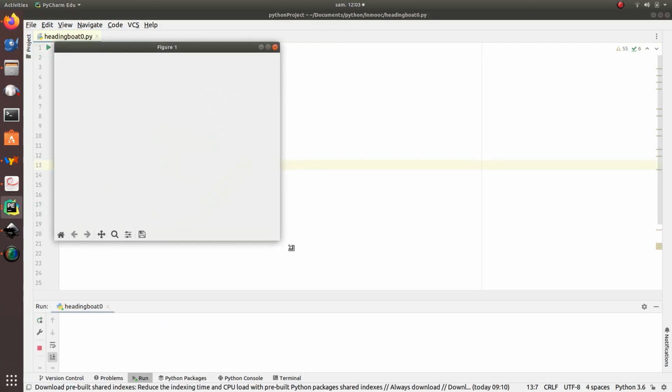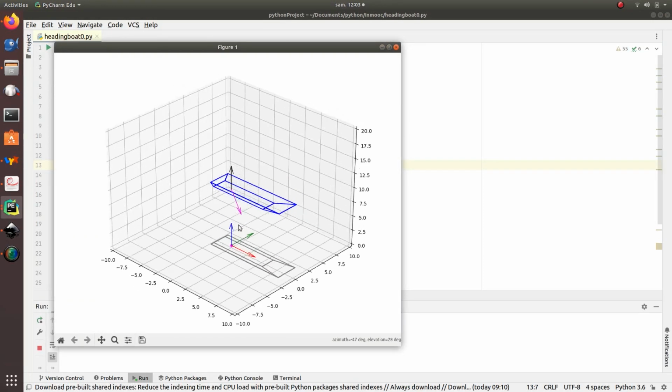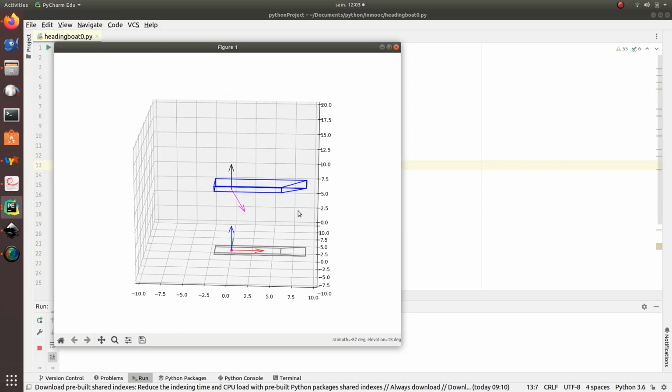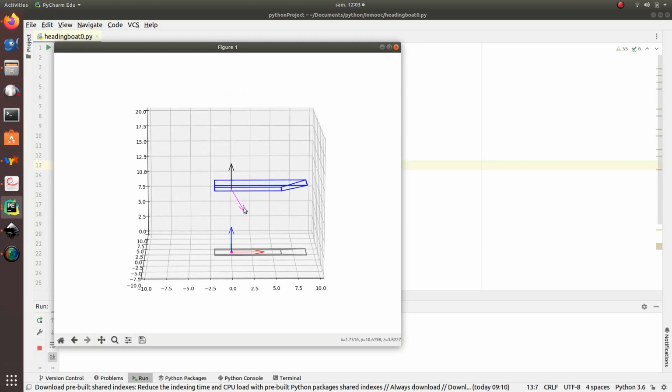And I see this picture. So we have the boat. In magenta, we have the magnetic field. The angle between the horizontal here and the magnetic field corresponds to I, the inclination. And here in black, we have the acceleration we feel.